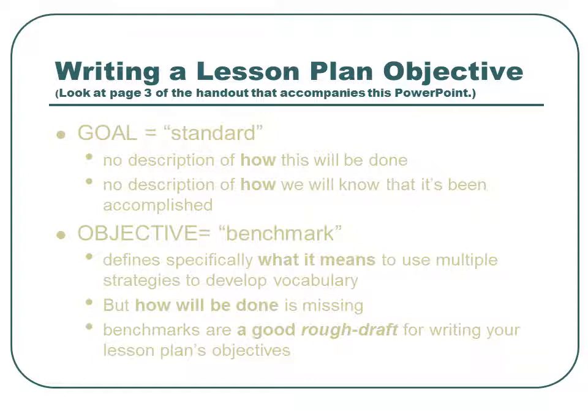But still, the specific how will this be done exactly is missing. So these benchmarks are a good rough draft for writing your lesson plan objectives. They themselves are not the objectives that you will simply copy and paste into your critical assignment lesson plans and be done with it.